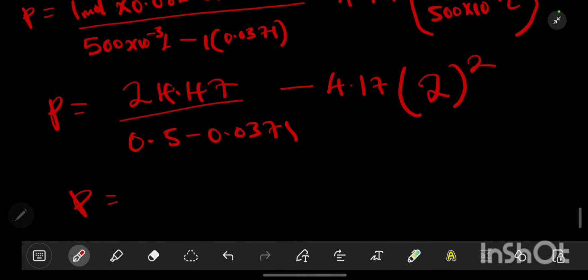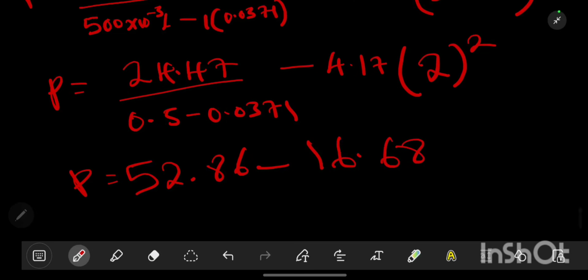Final answer, pressure should be equal to 24.47 divided by our 0.5 minus 0.0371. This is going to give us 52.86 minus 4 times 4.17. This is going to give us 16.68, like that.